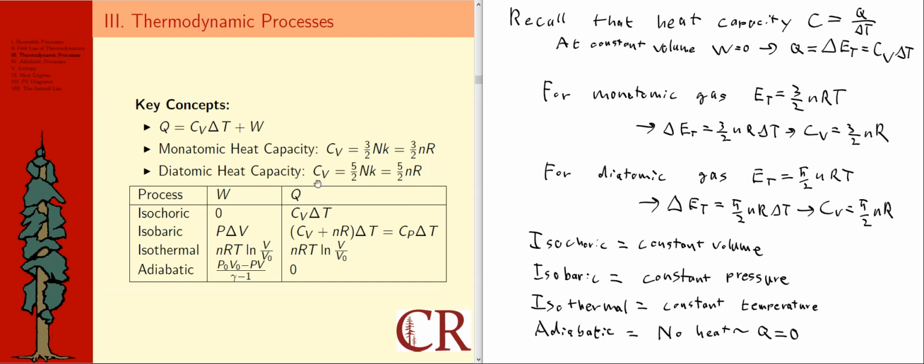Notice that C sub V, the constant volume heat capacity, appears in a number of places in this table. There's actually also C sub P, which is the constant pressure heat capacity, which I just stated in the isobaric row, because it turns out the isobaric process can be looked at as the defining case for constant pressure heat capacity.